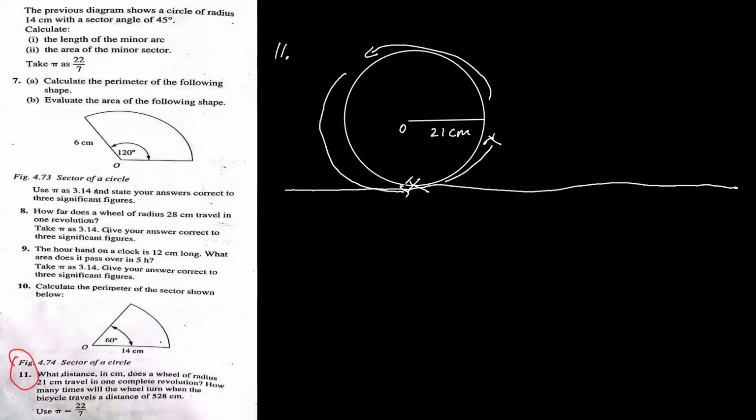One complete revolution will stop right here, so it would have gone a distance somewhere to here on the ground. Am I going to use area or circumference? Circumference of a circle, correct. So circumference of a circle is 2 pi r.